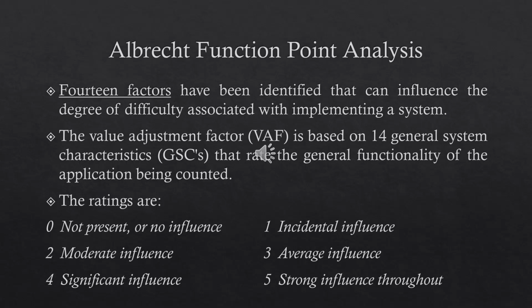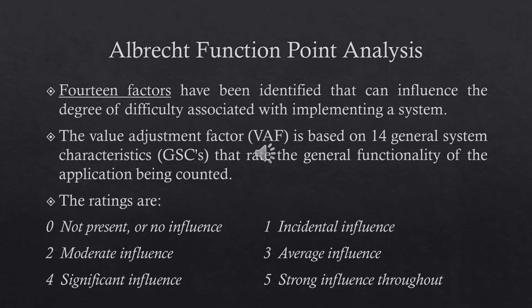The ratings are: if the degree of influence is 0, it means not present or no influence. If the degree of influence is 1, it means incidental influence. If it is 2, it means moderate influence. The value 3 indicates average influence.